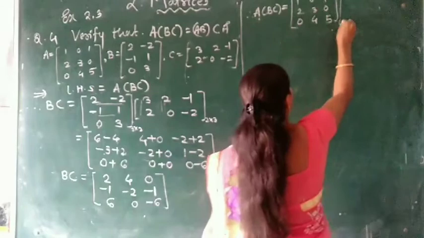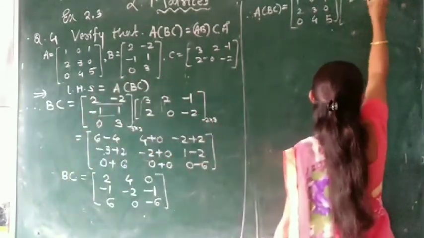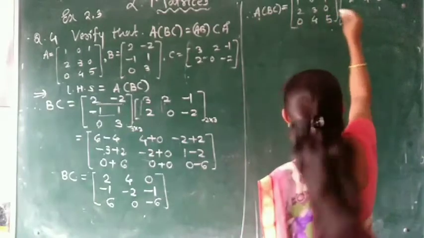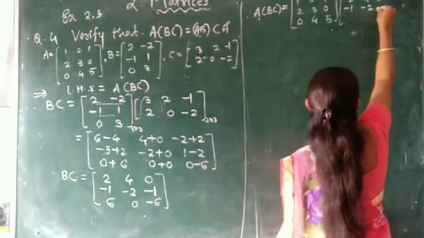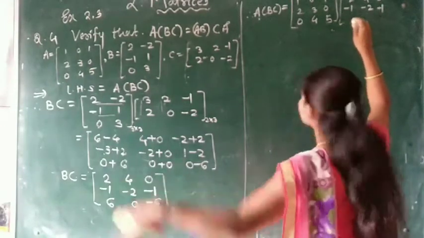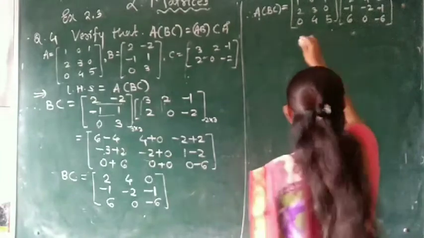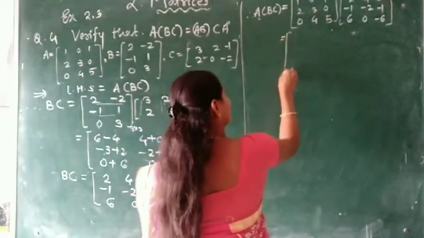And from the right side matrix BC. What is this? 2 4 0, next minus 1 minus 2 minus 1, 6 0 minus 6, is equal to.